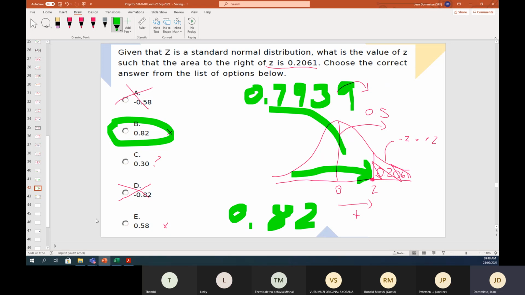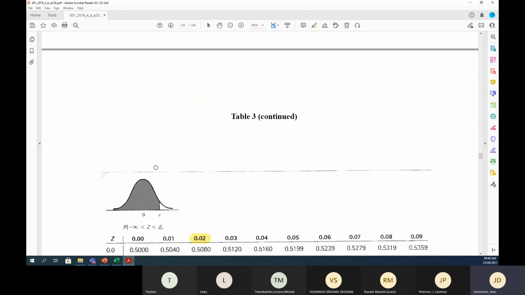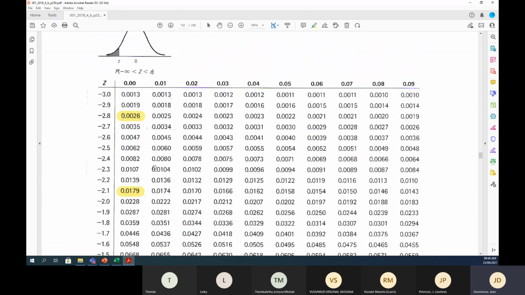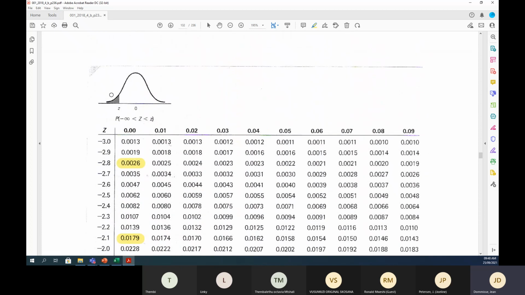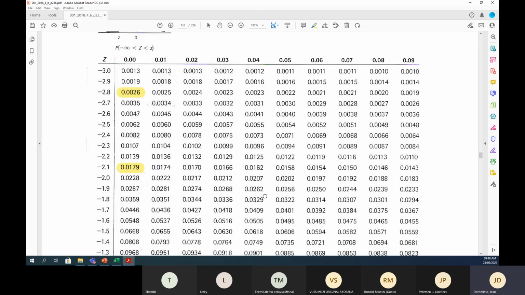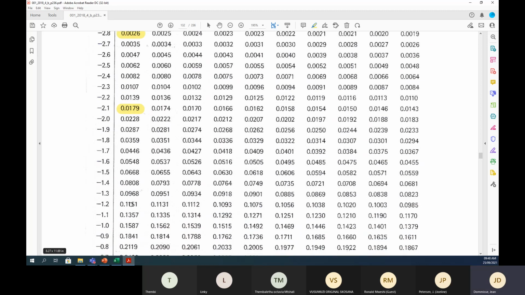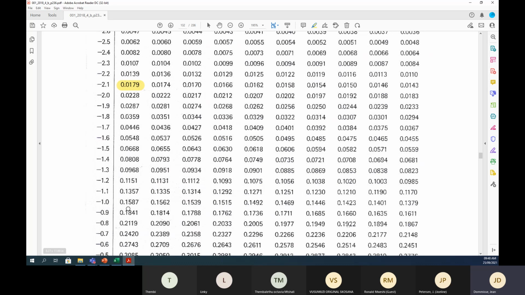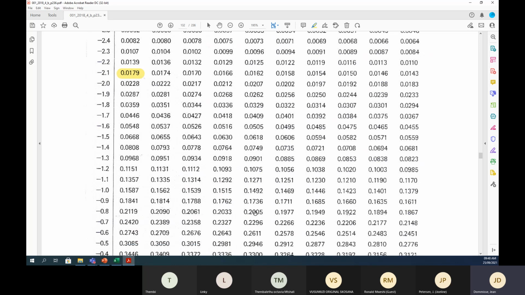I could have gone to the negative table and looked for the 0.2061. Negative table, because the negative gives me that small area, 0.2020. So that's not 2 yet. 2061.